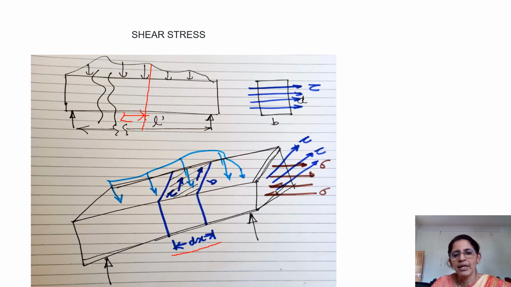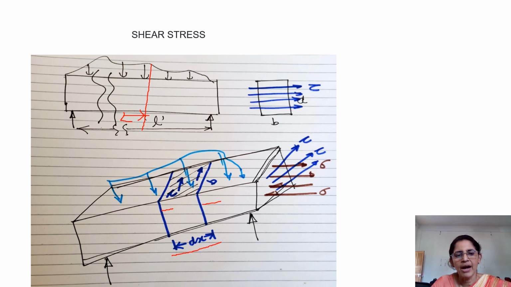Depending upon whether it is a simply supported beam, there will be tensile stresses acting in the bottom fibers and compressive stress acting in the top fibers. So this bending stress will be acting here as well as on this section.